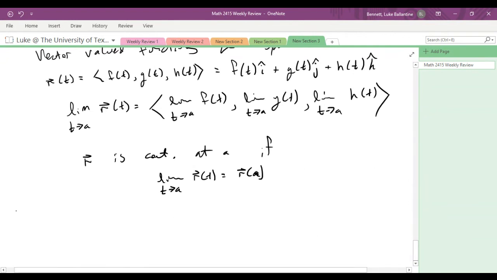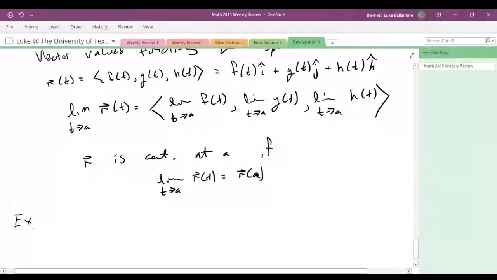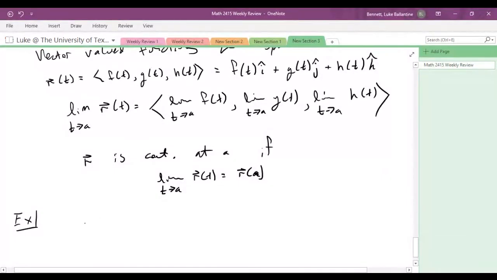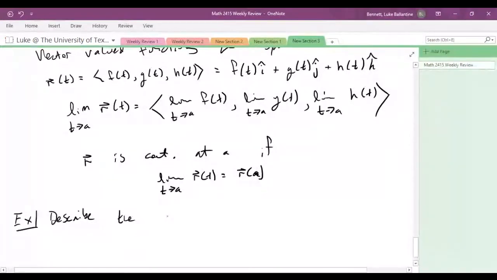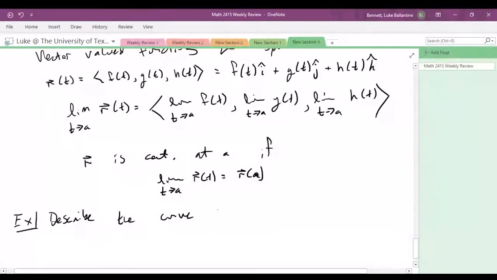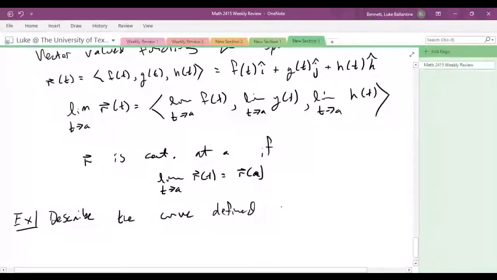Okay, let's look at an example of a vector valued function. Describe the curve defined by the vector function.